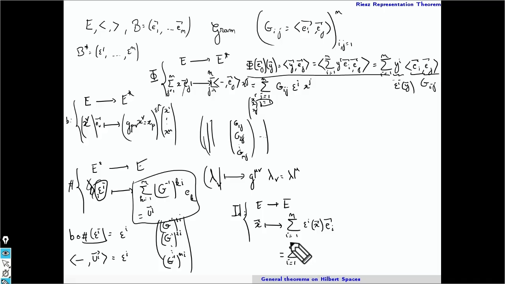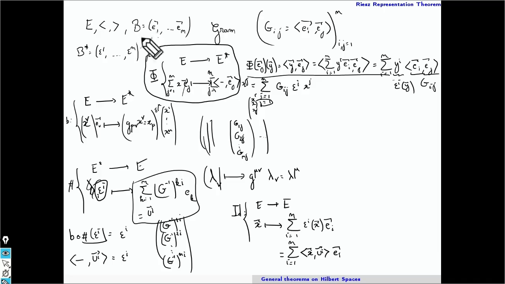So I from 1 to n, and here you can write it as a form of inner product with ui, vector ei. So this is slightly different from what we are used to, because now we have to pinpoint the fact that this map from the theorem is independent of the choice of basis.